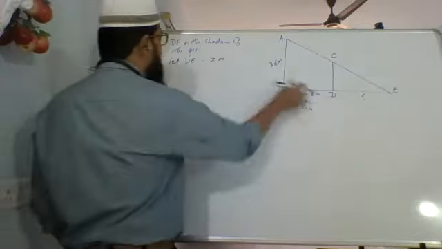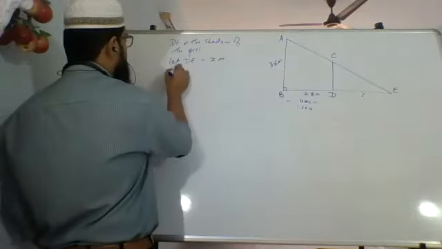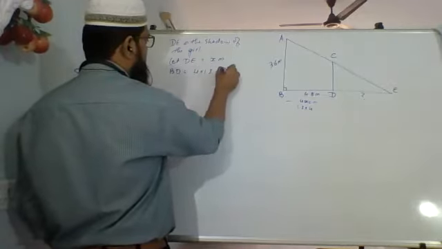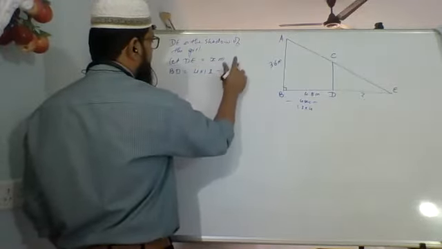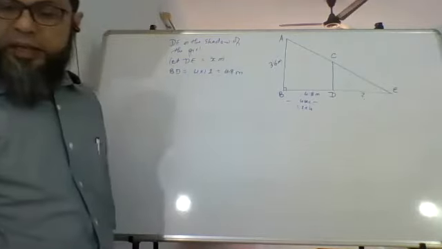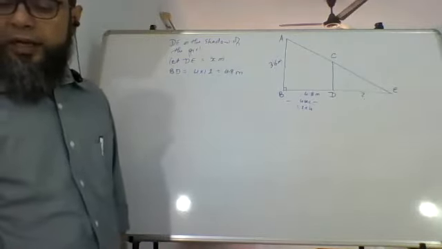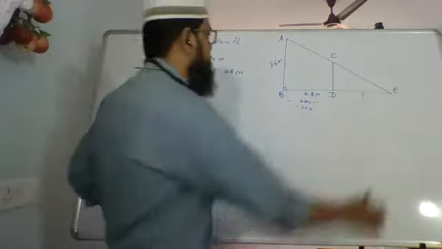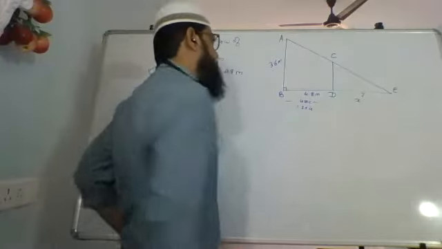Now, how much is BD? BD equals 4 into 1.2, which is 4.8 meters. Okay, so this is 4.8 meters, and this is X.